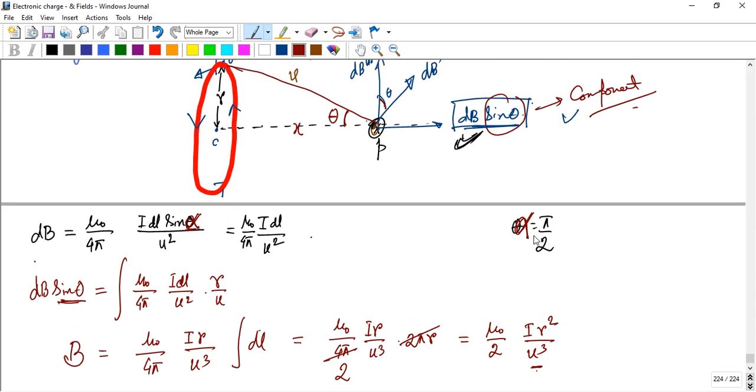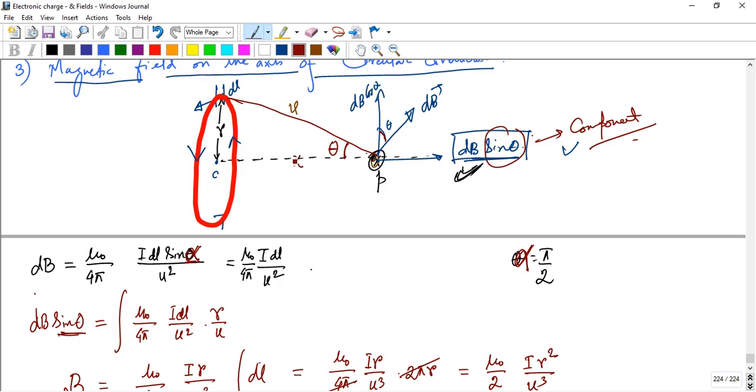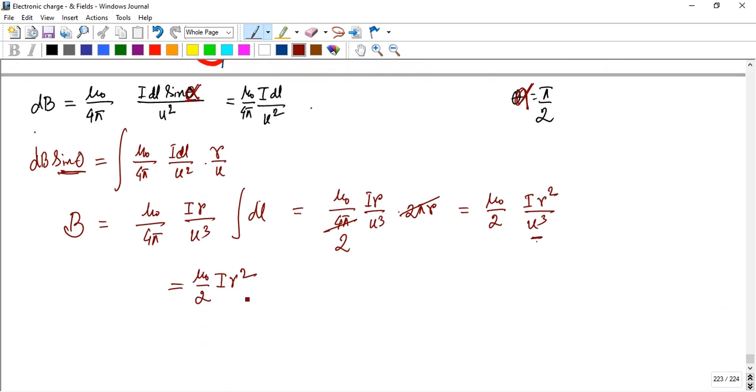Here u cube is replaced using the triangle A, B, P, which is a right angle triangle. Apply Pythagoras theorem: base square plus perpendicular square equals hypotenuse square. So u square equals r square plus x square.